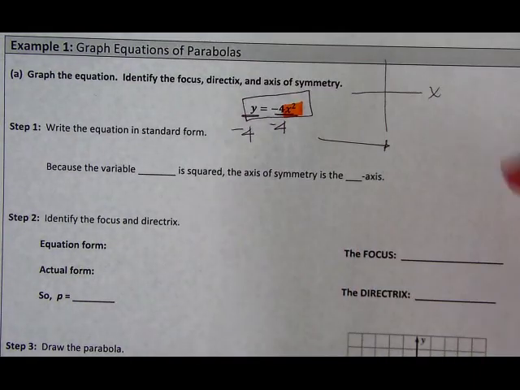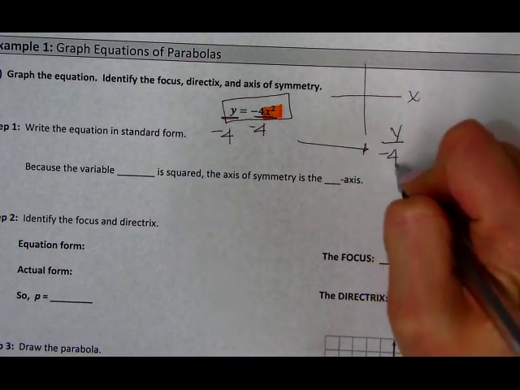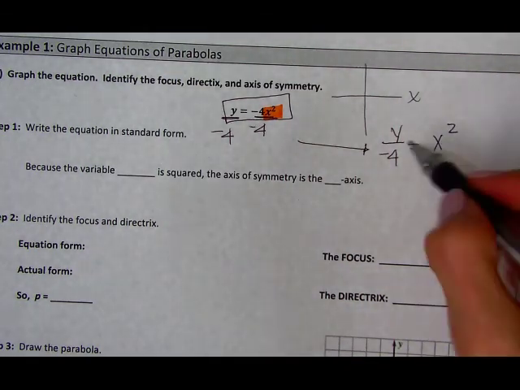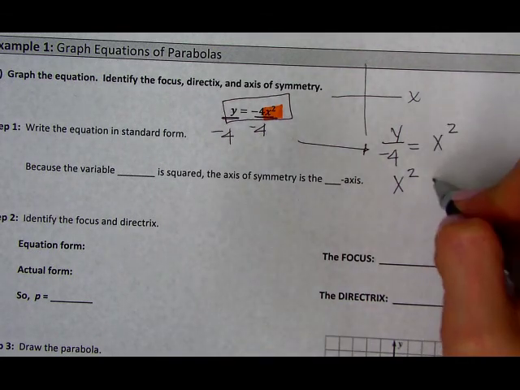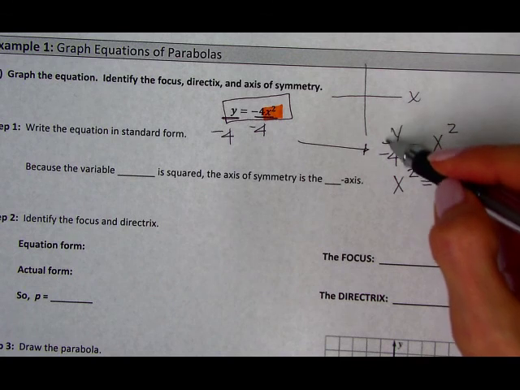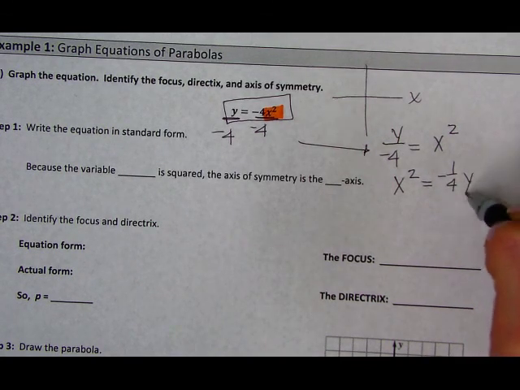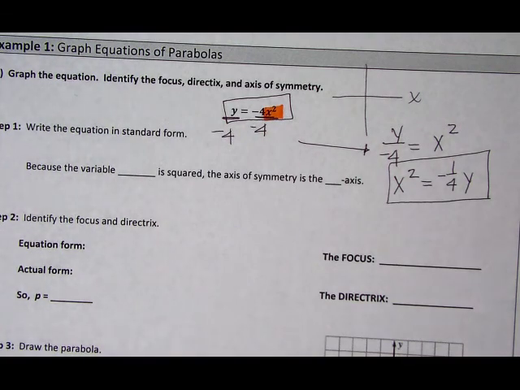So I get y over negative 4 is equal to x squared. And if I rewrite this, on the left-hand side, x squared is equal, and if I pull out the 1 that's invisibly in front of it, I get a negative 1/4 y as my standard equation, and that's what I want.